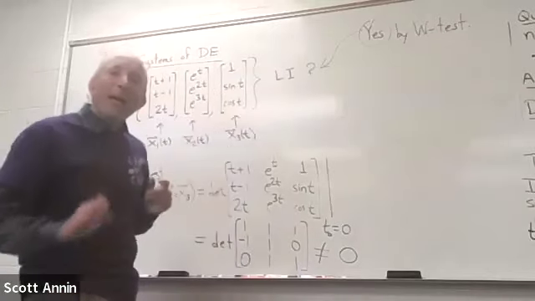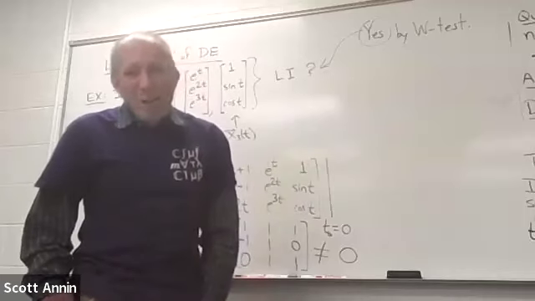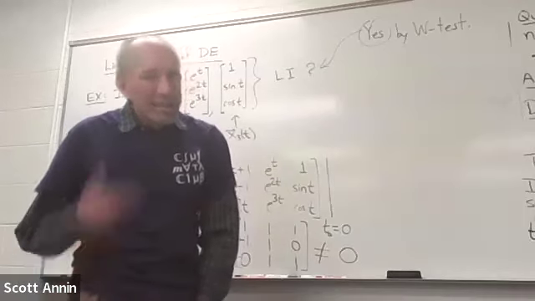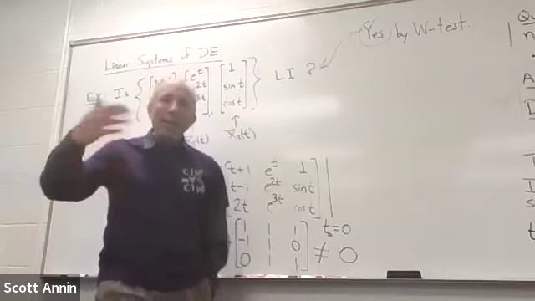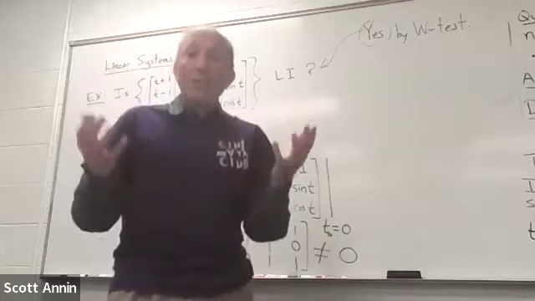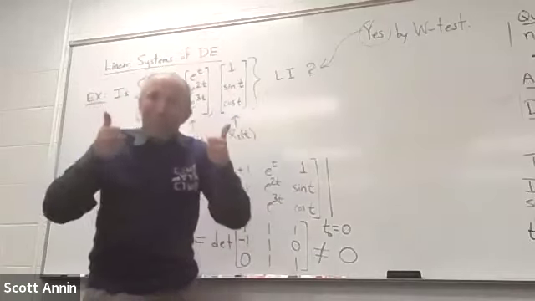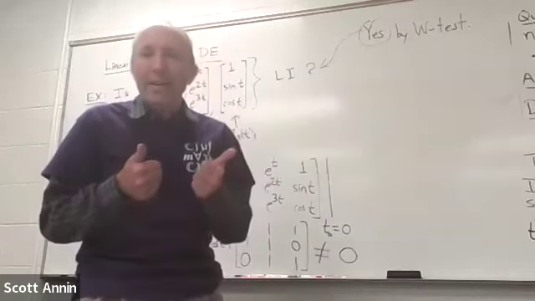So what I would recommend is that if you've tried one value of t and you get zero, maybe try a second value of t, just in case you got unlucky. And if you try a second value of t and now the Wronskian at that value of t is not zero, then you're still good. You still have a linearly independent set. It just took you a couple of tries to get there.